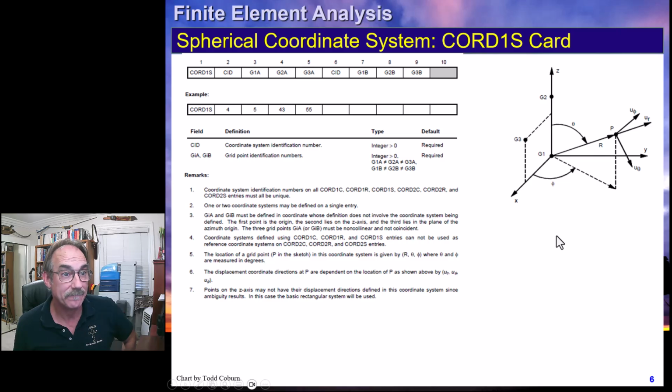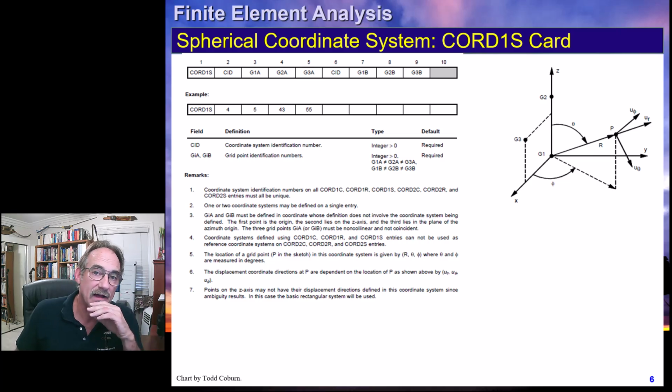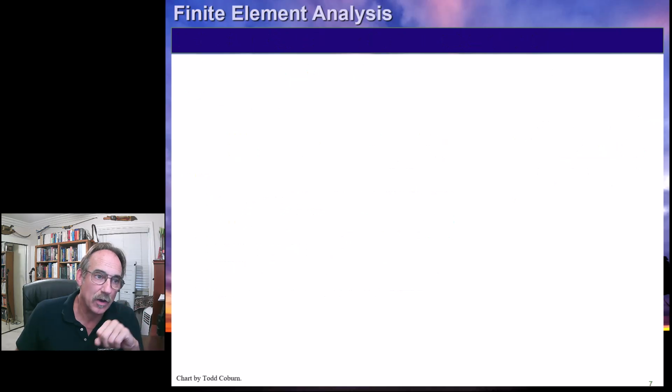Okay, got that? So those are three of the ways that we can identify a local rectangular, cylindrical and spherical coordinate system. I'll show you how you actually activate using these in just a moment as we go through an example.